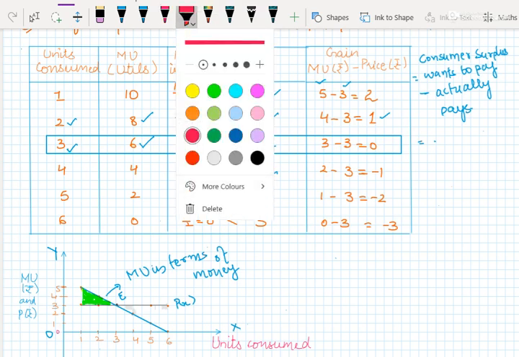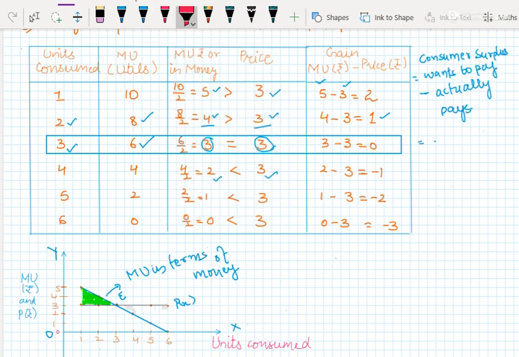And when he proceeds further, the gain turns into loss. Any rational consumer will not enter into this area. Why? So, this is loss and this is gain.